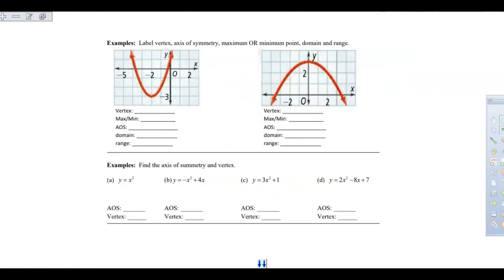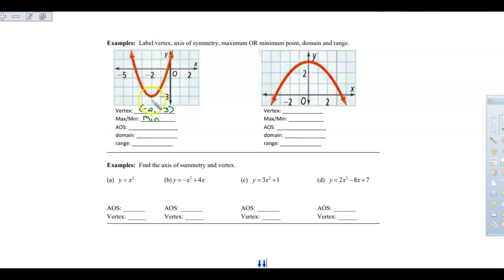So we're going to label the vertex, the axis of symmetry, the maximum or minimum point, and the domain and range on these. Again, remember, vertex is where it changes. So in this case, it'd be (-2, -3). It opens upward, so it has a minimum.